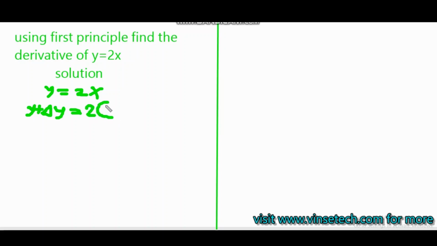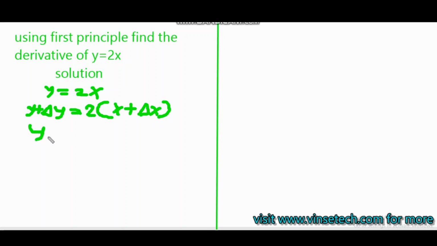There's a bracket here because we are adding the delta x to the x variable and not the 2. So we have to write it in this form, that is x plus delta x. Now close your bracket.